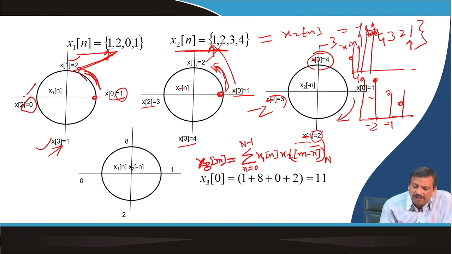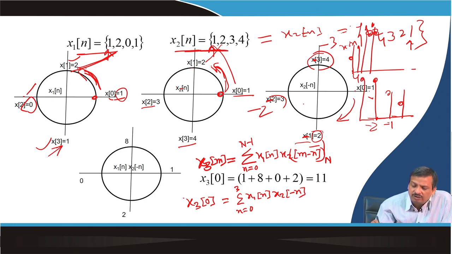So now my length of DFT is 4. So I can say x3 0, the 0th sample, is the sum for n equal to 0 to 3 of x1 n multiplied by x2 minus n.